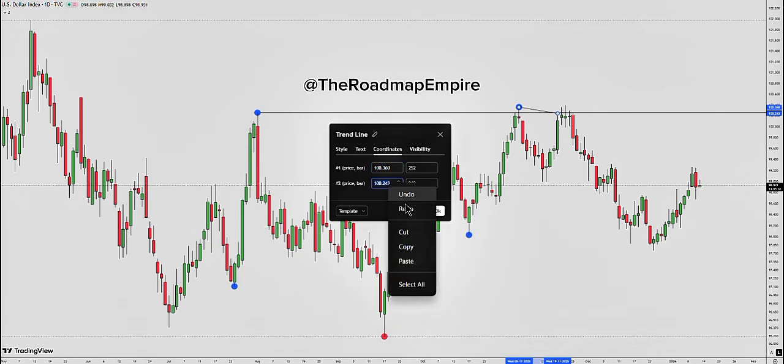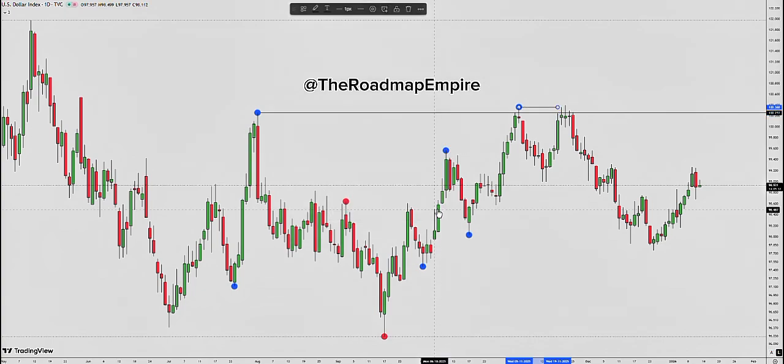But then it failed to respect the internal liquidity for the market to continue to the upside. After taking out liquidities, it took out the last external liquidity, which was bullish. It took it and became bearish.